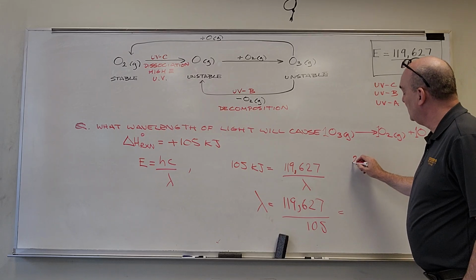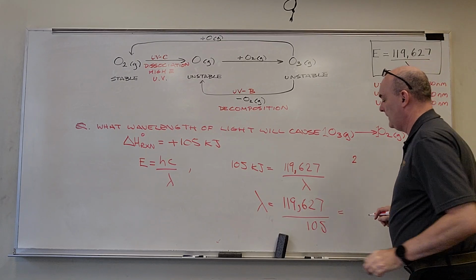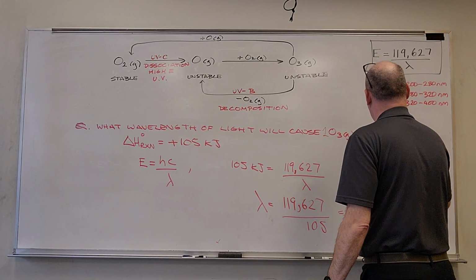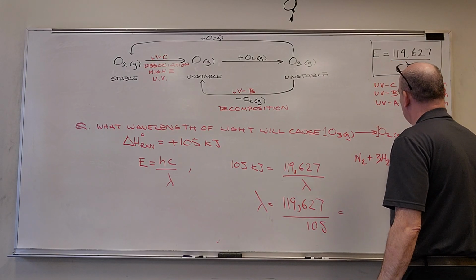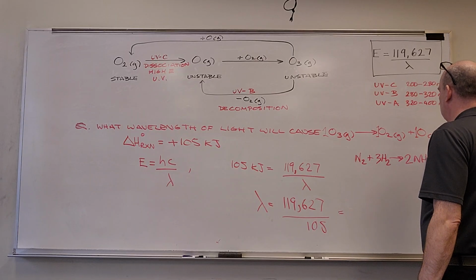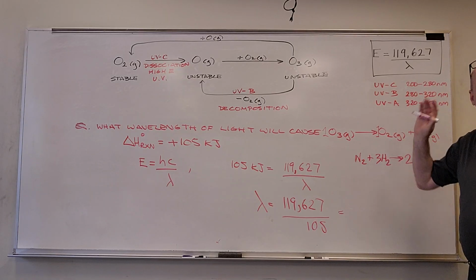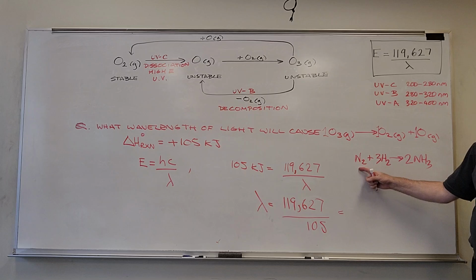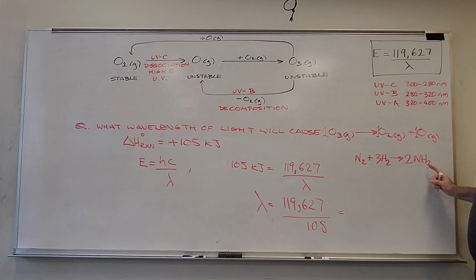I ask the same question where I take nitrogen and 3 hydrogens and make 2 ammonias, and I say its delta H is 1,000, completely making the number up because I can't remember what the value is. 1,000 per mole. Per mole of what? Per mole of this, or that, or this? Because that's a 1 and that's a 3 and that's a 2.